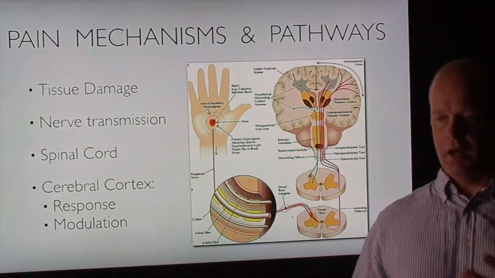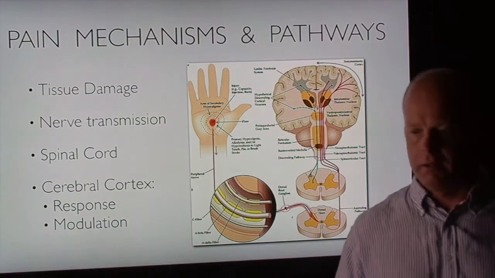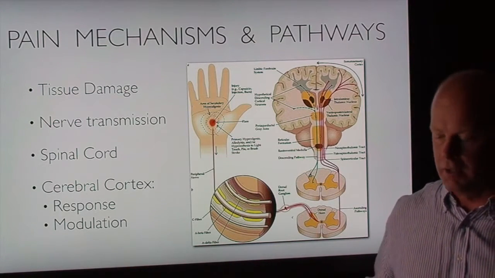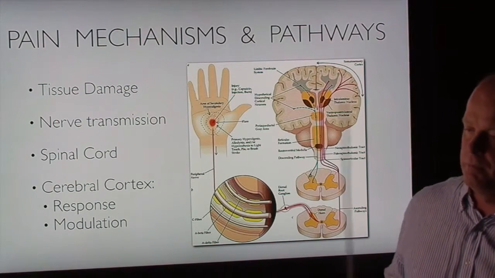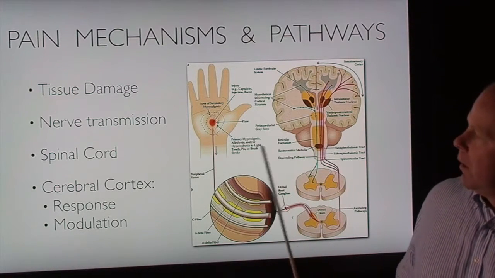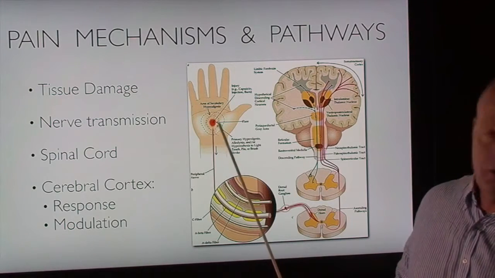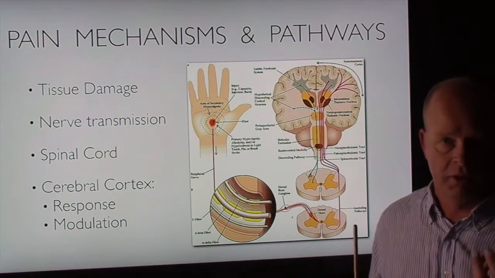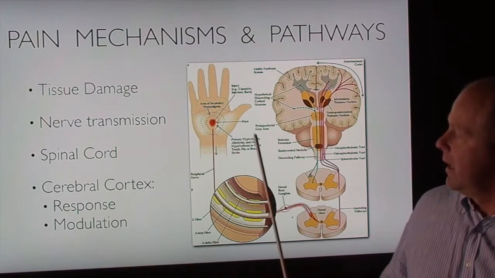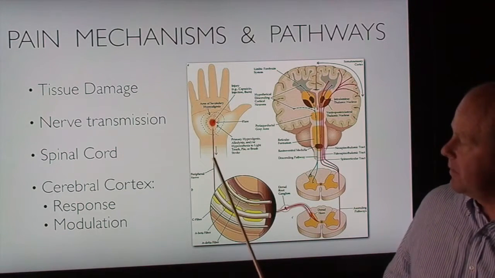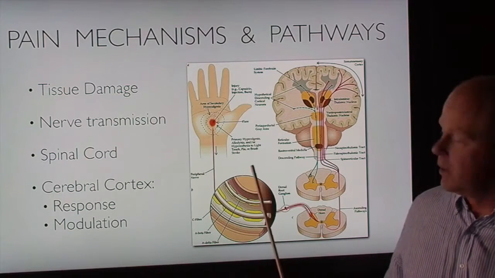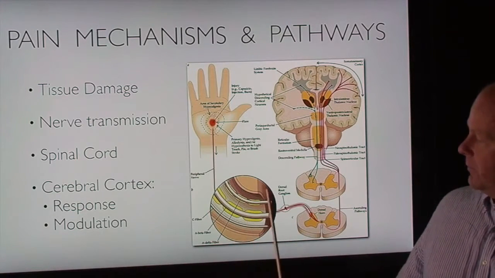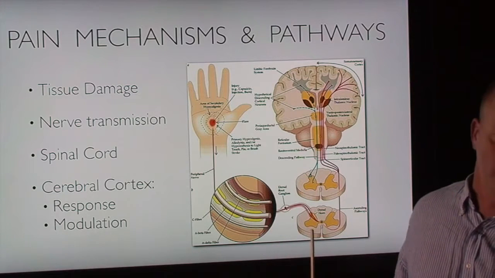So let's just go through what happens when someone feels pain and just reinforce why it's a useful and adaptive behaviour. Where tissue damage occurs, certain chemicals, messages and substances are released from the damaged cells and tissues, and they trigger a response, an electrical impulse in these peripheral nerves, which transport that impulse through specific types of nerves into the spinal cord.